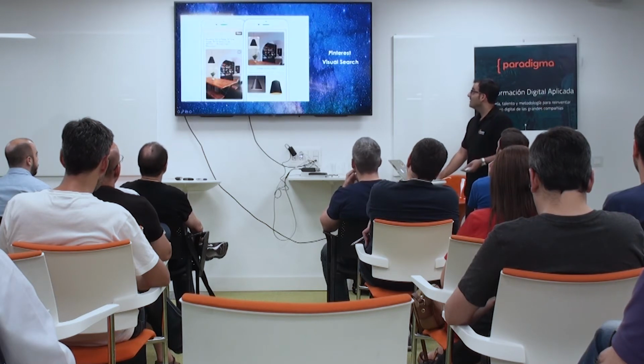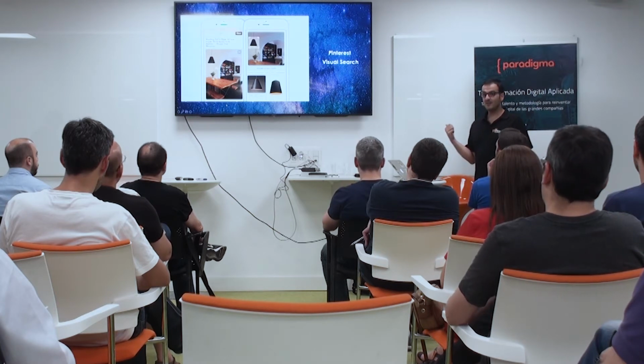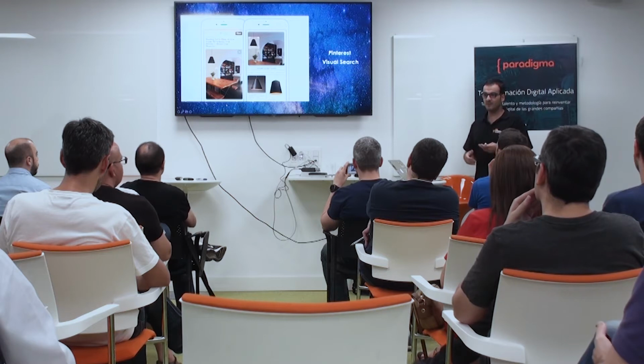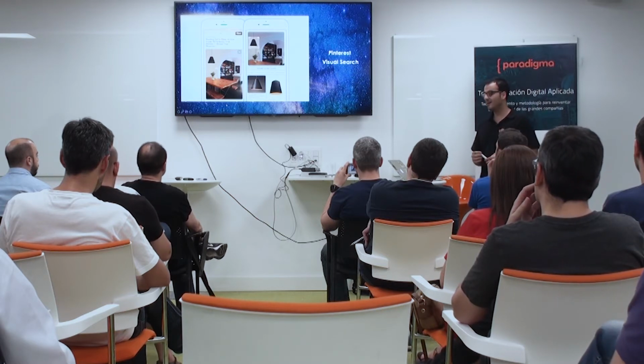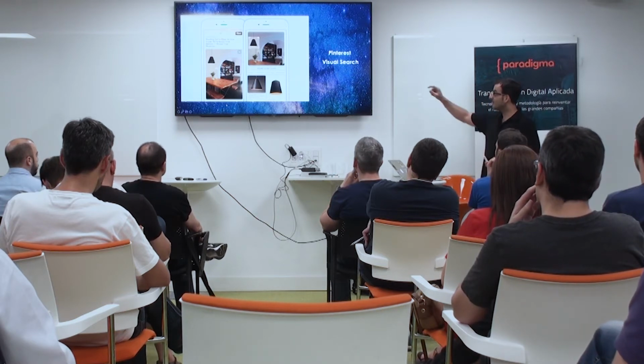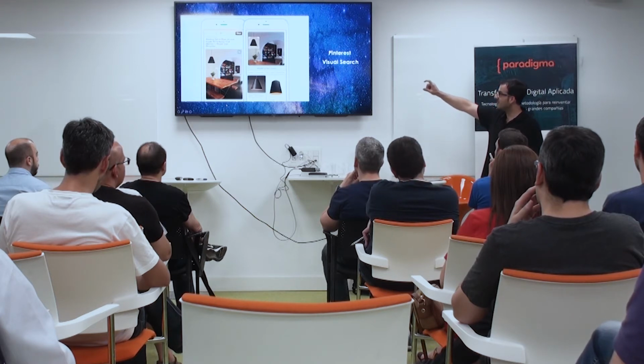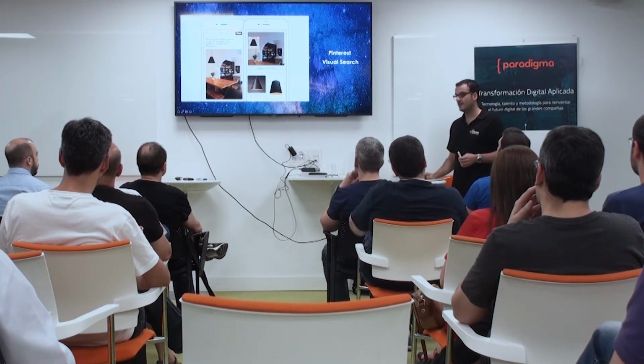Or for example, this is Pinterest. It's a big customer of AWS, and their app is a social network that works especially with pictures. Here, using deep learning, they detect different items from a picture, and also give you additional information about those items.